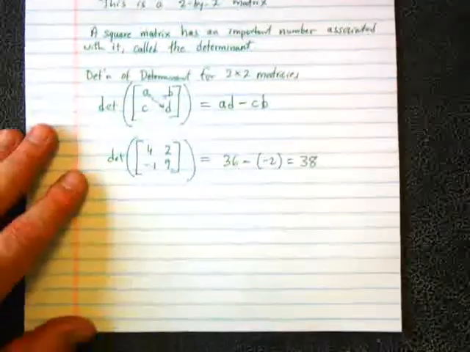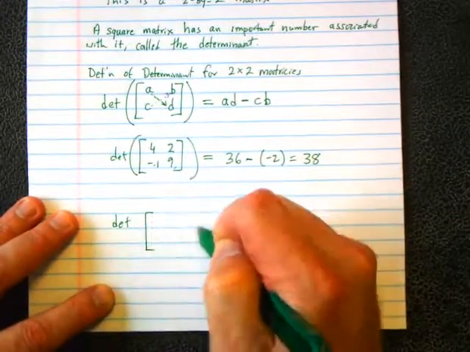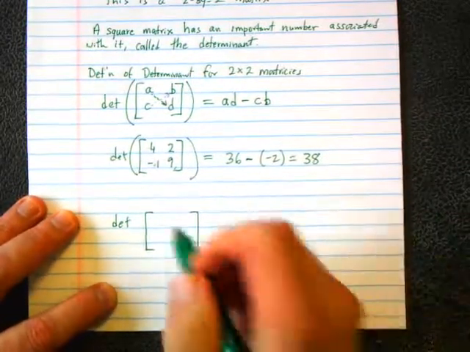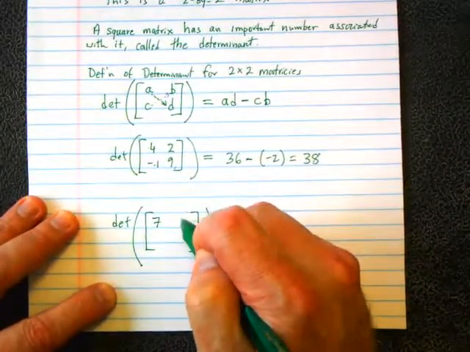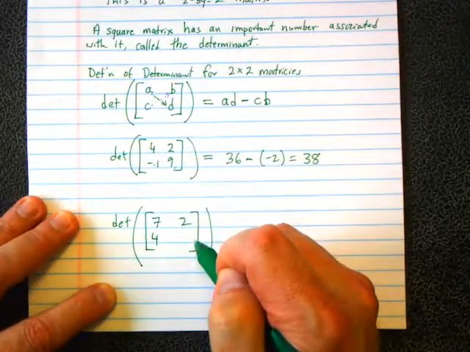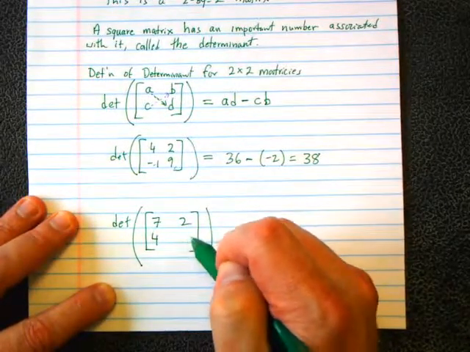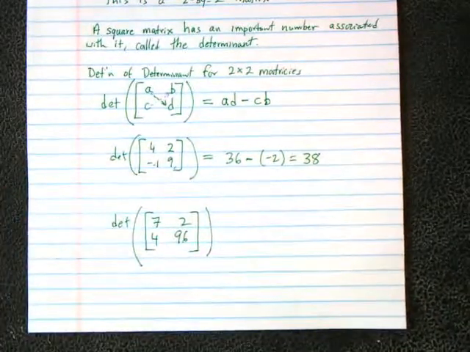All right, one more of these. How about the determinant of the matrix? Make up some numbers for me. 7, 2, 4, 96. Since I heard 6 and 9, I'll put them together and make 96.